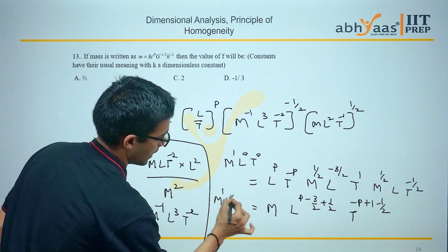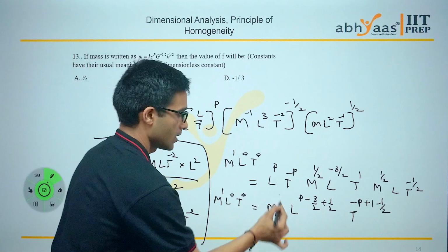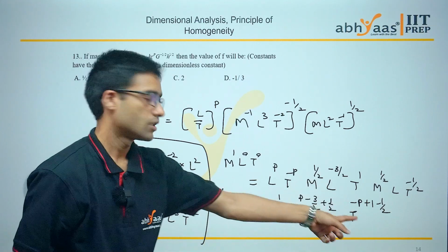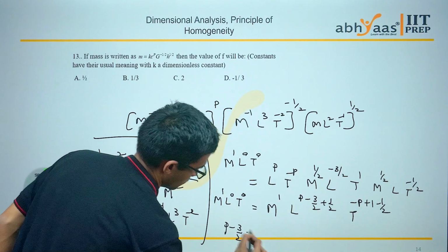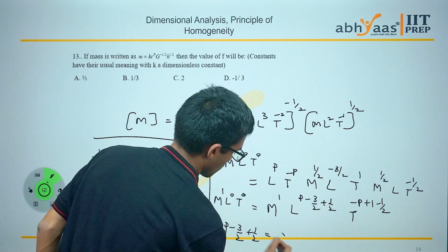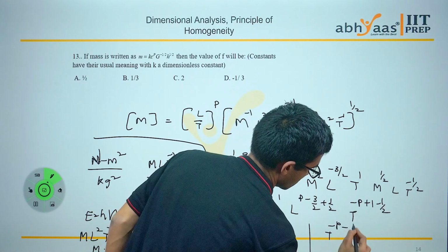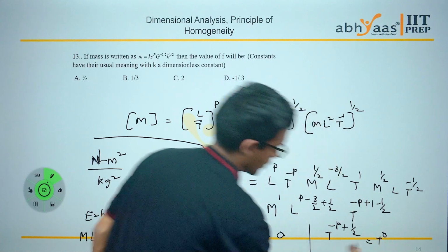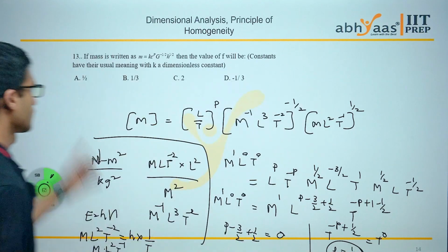Either equate L on both sides: M power 1 is there on both sides, L power 0 is there, T power 0 is there. Anything you can equate. P minus 3 by 2 plus 1 by 2 is equal to 0, or T power minus P plus 1 by 2 is equal to T power 0. Anything you can equate, you will get P equal to 1 by 2. Okay, so this is the thing.